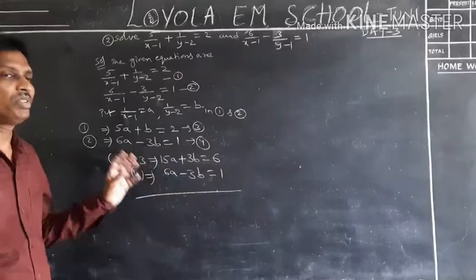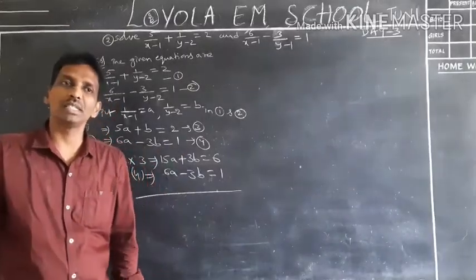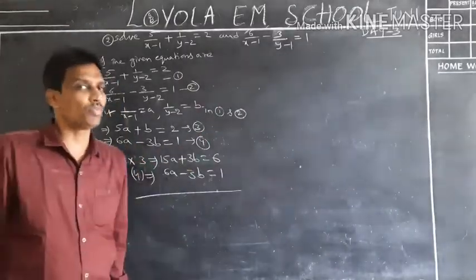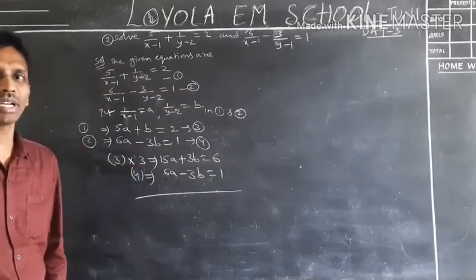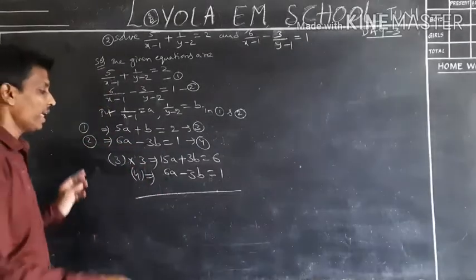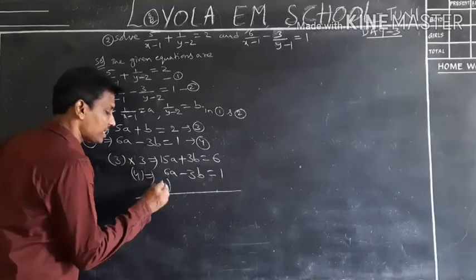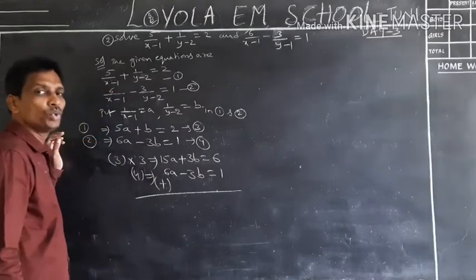That is not our intention. For what purpose do we solve the two equations? To eliminate any one of the variables from the above equations. That is our intention. So instead of subtraction, we just add the two equations.